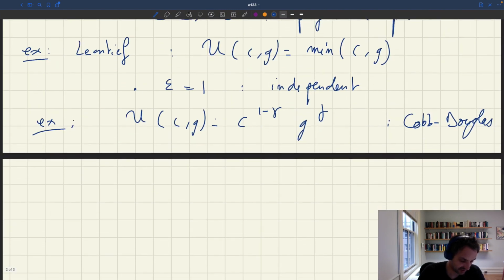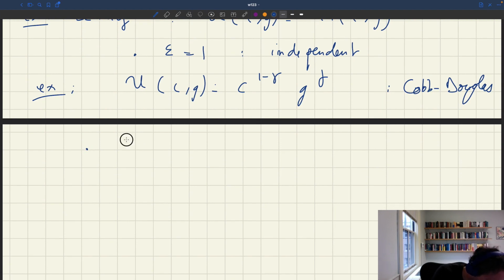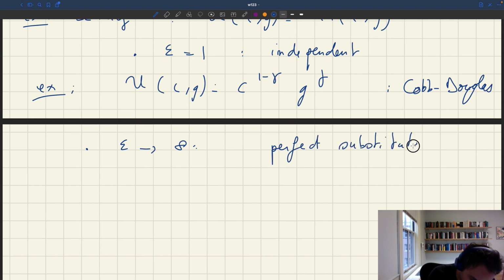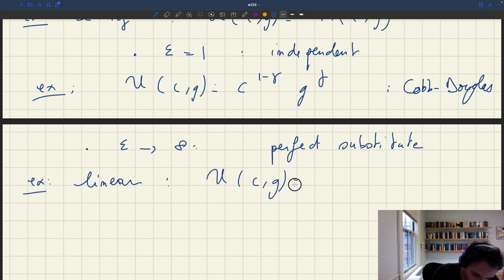And then we have the third extreme case, which is when epsilon goes to infinity. Then we say that public and private goods are perfect substitutes. What would be an example of perfect substitution? That's what you get with a linear utility function. So when U of C and G is equal to C plus G, for instance.